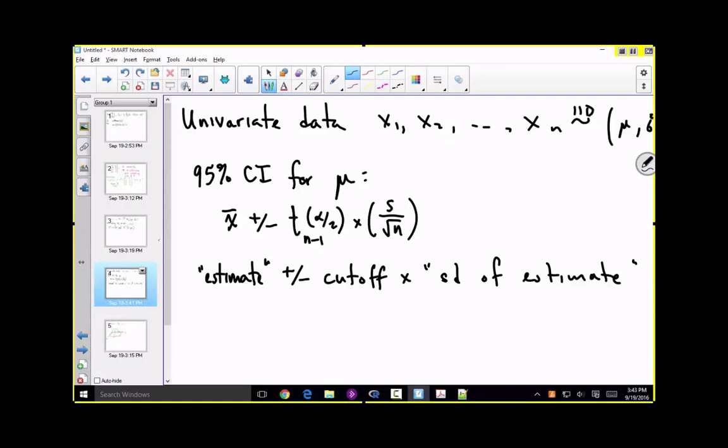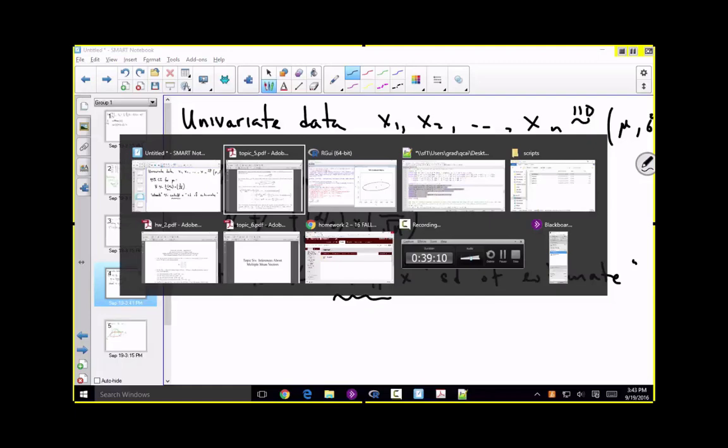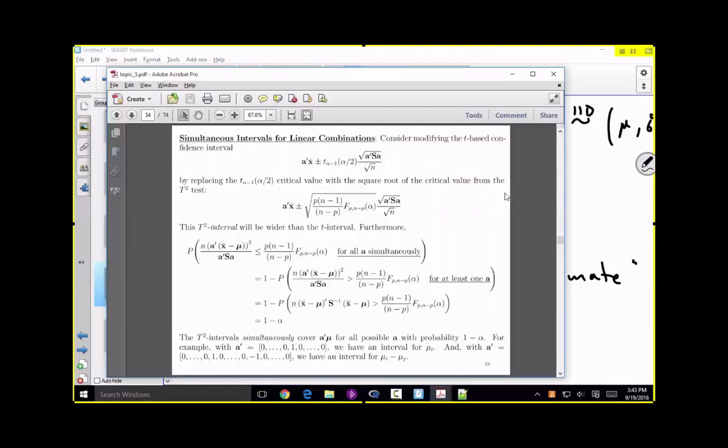In order to go to these simultaneous intervals, we need to widen or make this cutoff bigger. So we started here. This is a general way to represent a univariate confidence interval, and we're saying we need this number, this cutoff, to be bigger.